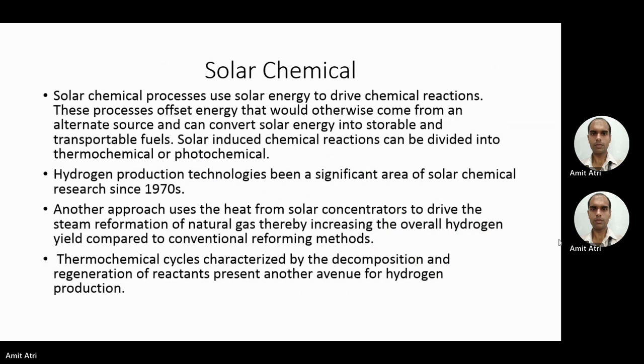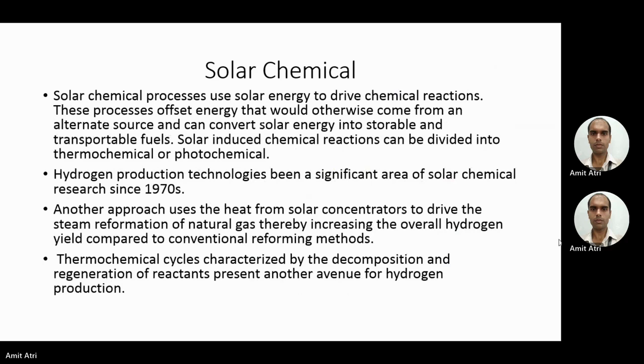Now, solar chemical. So solar chemical processes use solar energy to drive chemical reactions. So these processes offset energy that would otherwise come from an alternate source. Okay, some type of fuel we would be using. Now we don't need that, and storable and transportable fuels we can obtain.